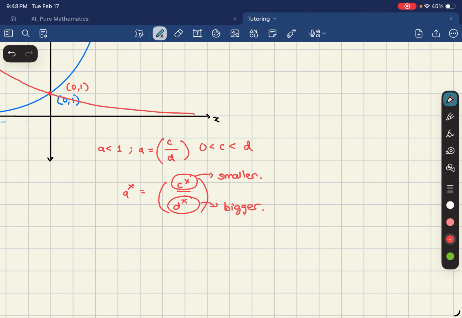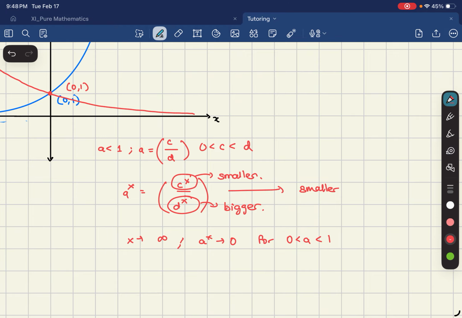And so the higher and higher values of x I take, overall it's going to be smaller and smaller, because the denominator gets much bigger compared to your numerator. So as x tends to positive infinity, a of x tends to 0 for a less than 1 and greater than 0.